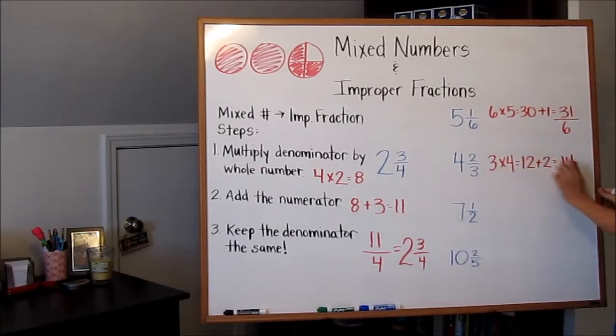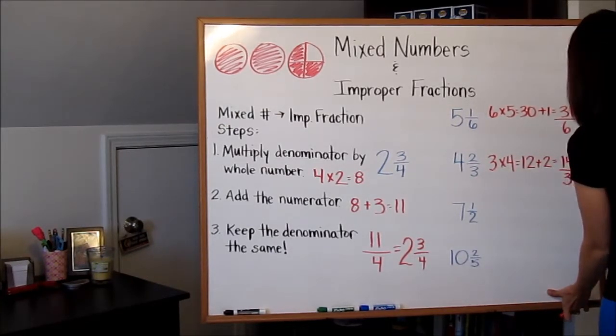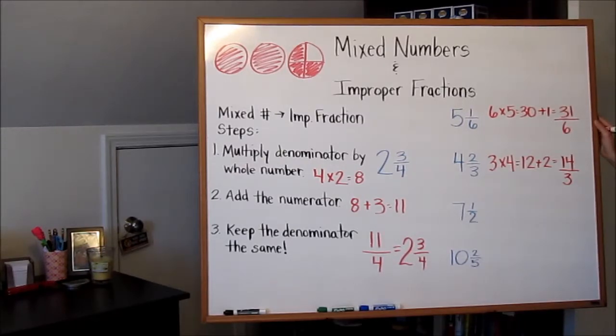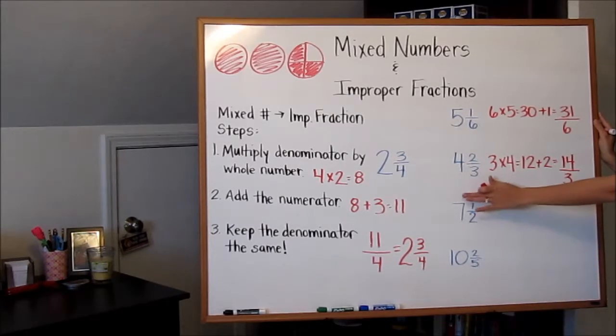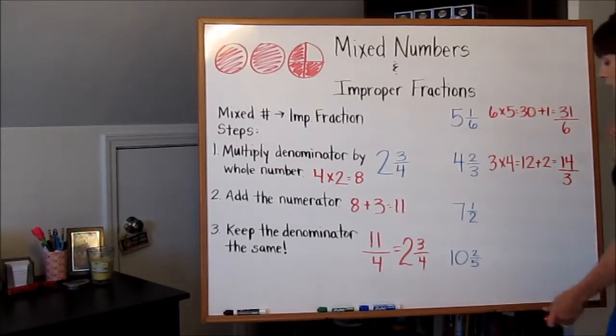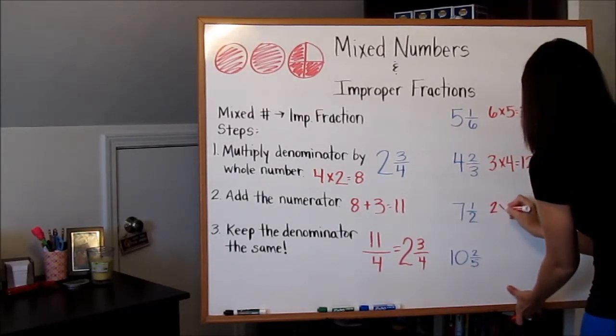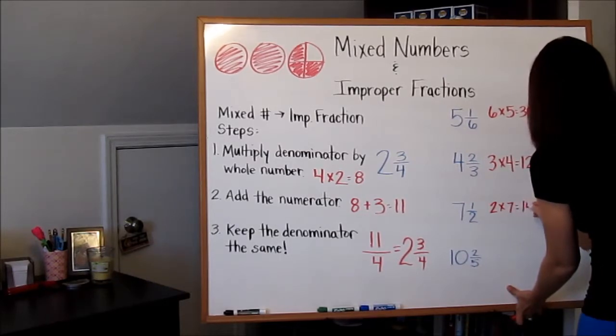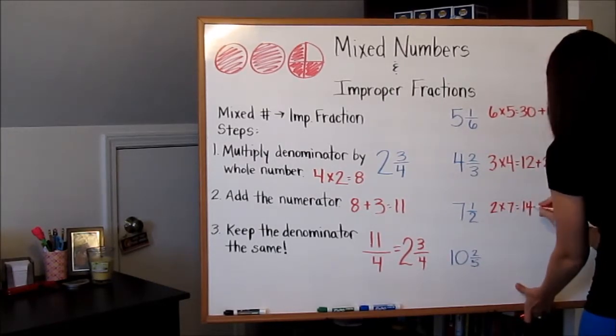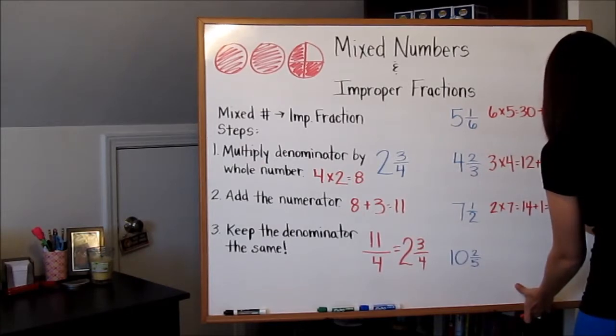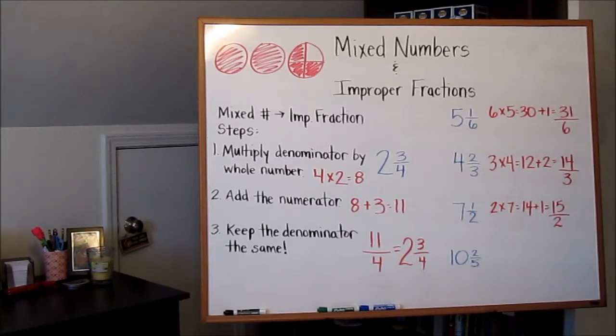And my denominator stays the same, which is 3. All right, next example over here. Denominator times my whole number, 2 times 7 is 14. 14 plus my numerator, which is 1, gives me 15. 15 over 2 is my improper fraction.